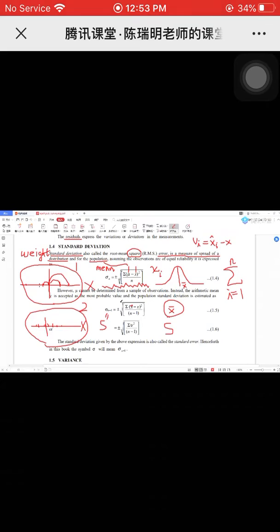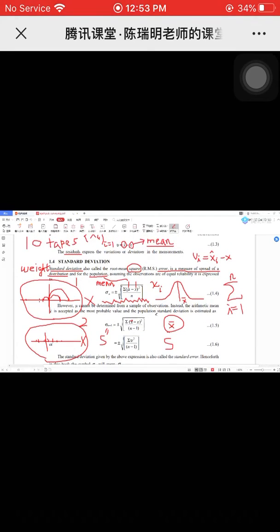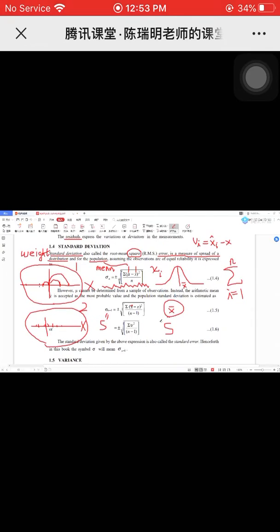I don't do the proof, because that would take another one or two hours. So all I can say is that for n minus 1, there is 1 degree, we call it one degree of freedom difference. So if you divide by n minus 1, this X will approximate it in the long run.